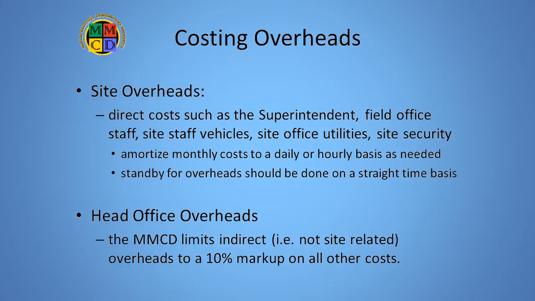For short-term standby, site overheads are real and fixed, so they should be treated like any other labor or equipment cost. As always, only truly idle people or equipment qualify for standby reimbursement. All other overhead costs beyond the site are to be reimbursed by the fixed 10% allowance on the costs permitted.